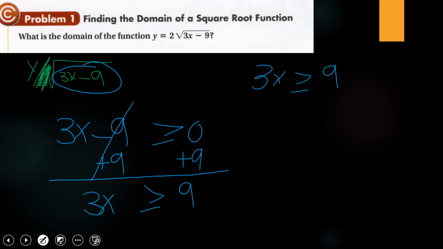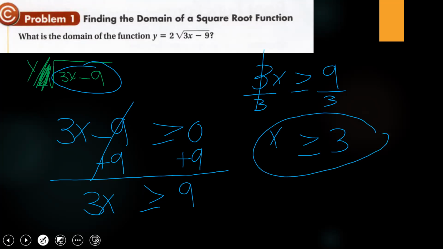So divide both sides by 3. Then x is greater than or equal to 3. That means the domain of the function is the set of real numbers greater than or equal to 3. This is the domain of this function.